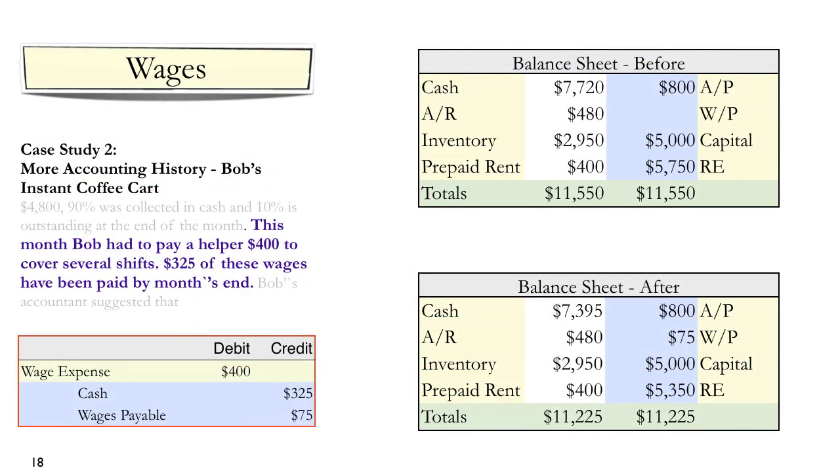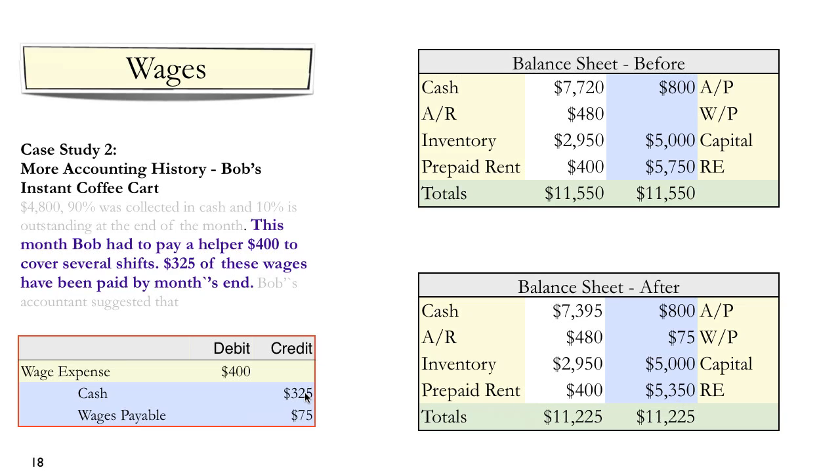This is a fairly straightforward transaction, so I won't take too much time going over it. Starting with the journal entry that we looked at on the last slide, we now can compare the balance sheet before the journal entry and the balance sheet after the journal entry. So notice the wage expense, we would expect that to decrease retained earnings, and we see that $5,750 reduced by $400 to $5,350.